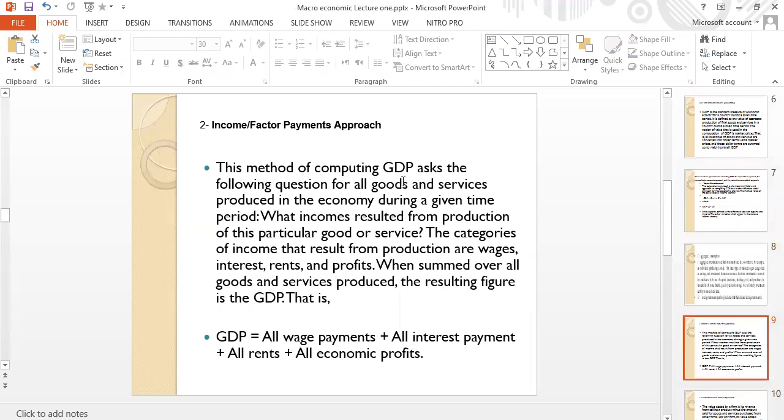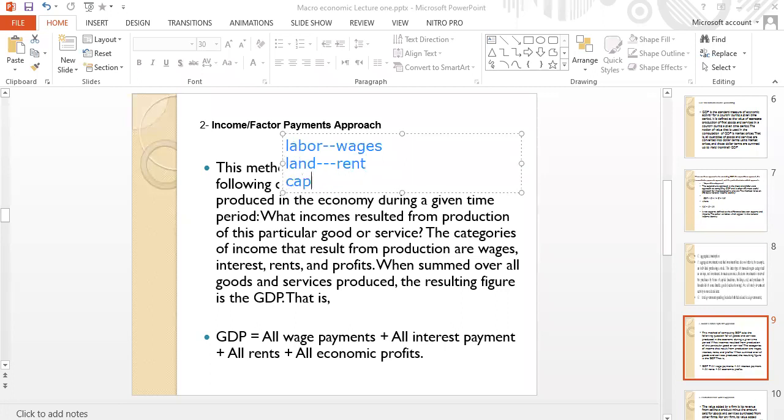And we have the second method of calculating GDP: income, or factor payments. As we know before, we have four factors of production. For labor, we pay wages. For land, we pay rent. For capital, we pay interest.